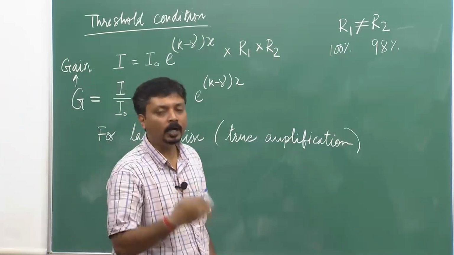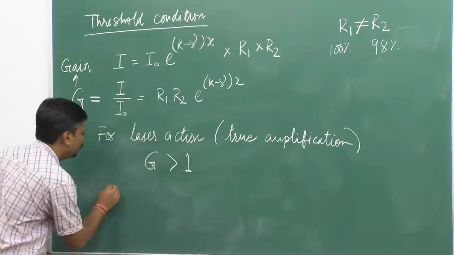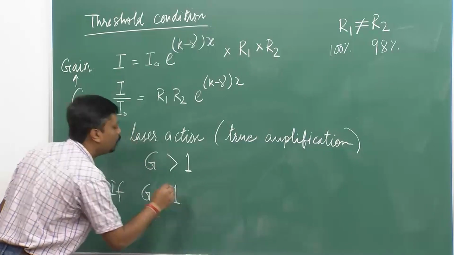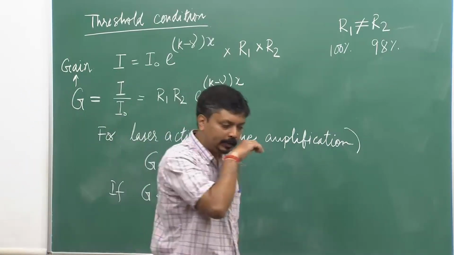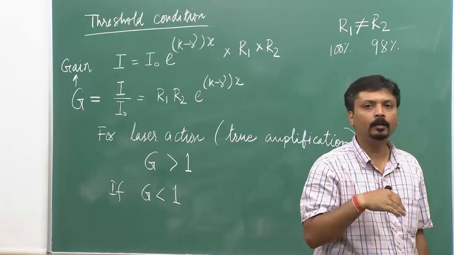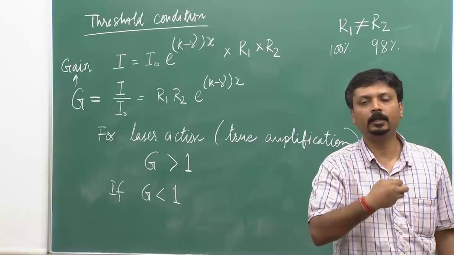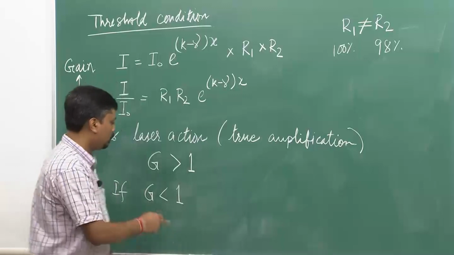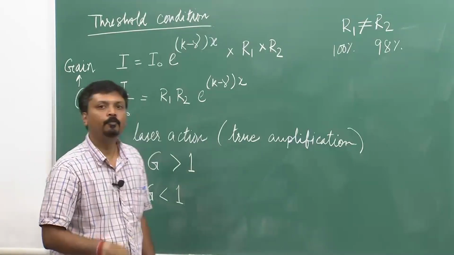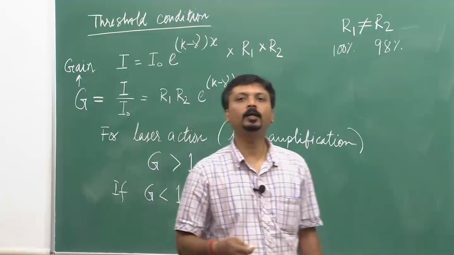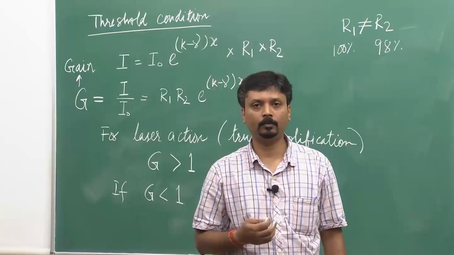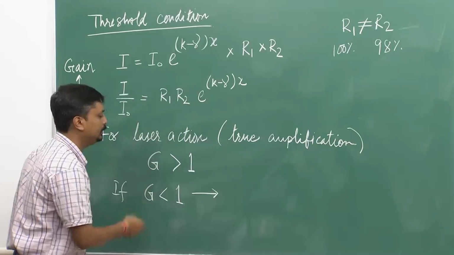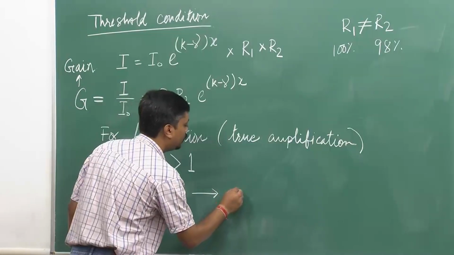If G is not greater than 1, so if say G is less than 1, what do I have? I do not have any amplification. So, essentially the photons which are coming out of my device, okay, if I call it laser or whatever, when G is less than 1, the photon characteristics are very similar to the spontaneous photon. Okay. So, at this condition, the characteristics are very similar to spontaneous emission.